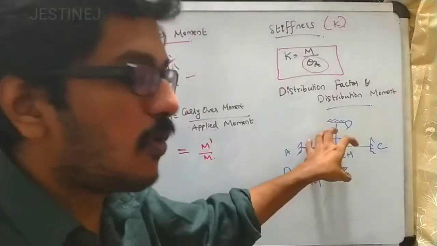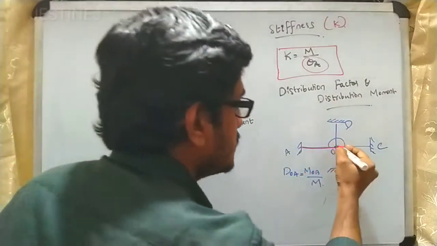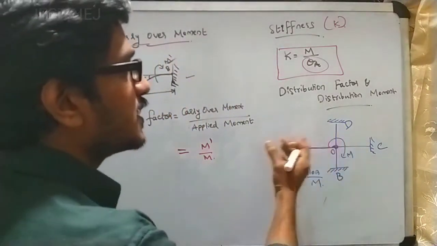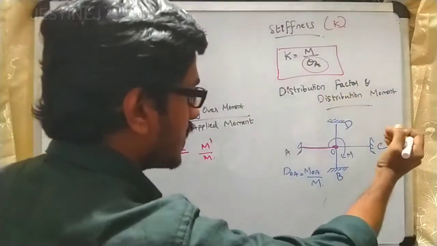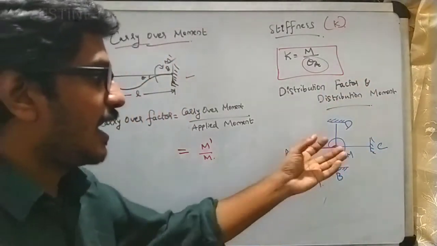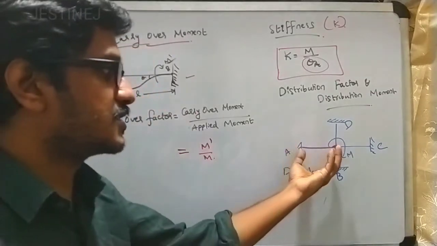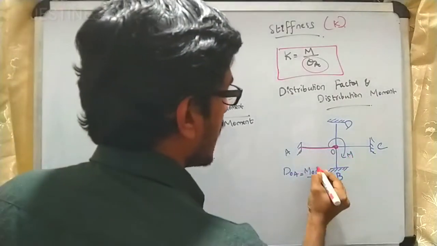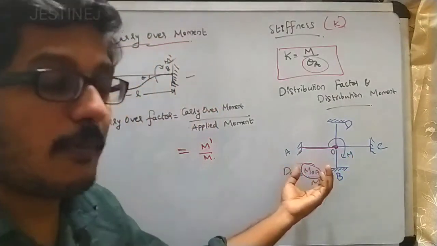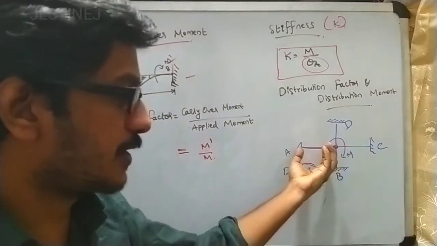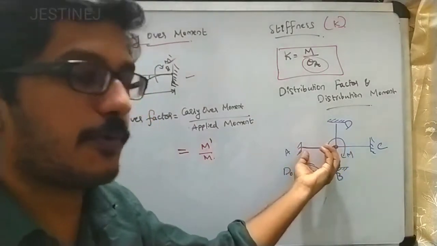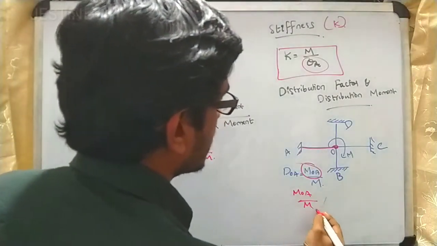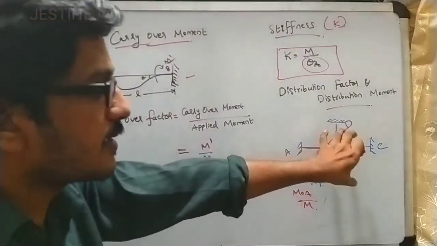If you apply a moment at the joint O, this moment is shared among the members OA, OB, OC and OD. For a particular member, OA, the distribution factor is represented as MOA, the moment shared by the OA portion, divided by the applied moment capital M.